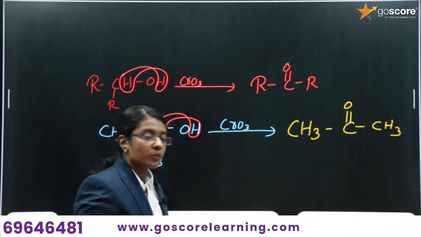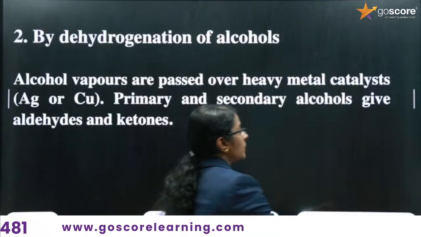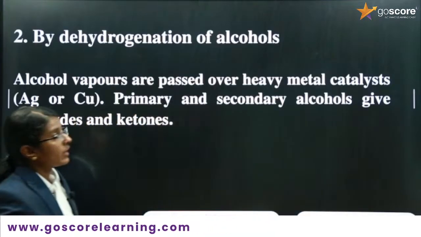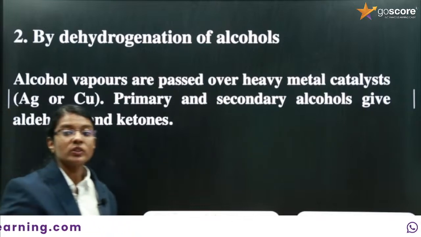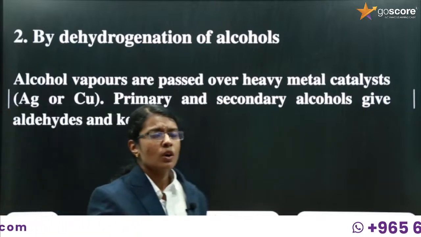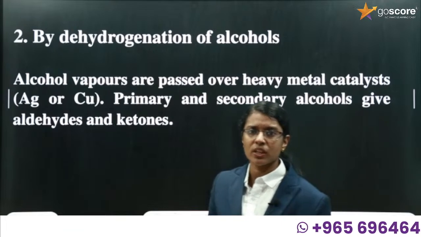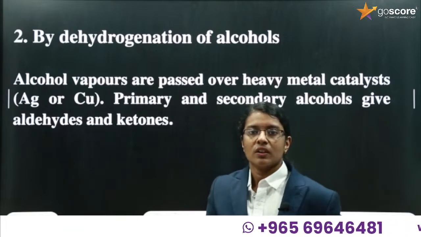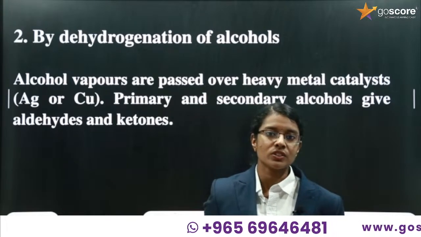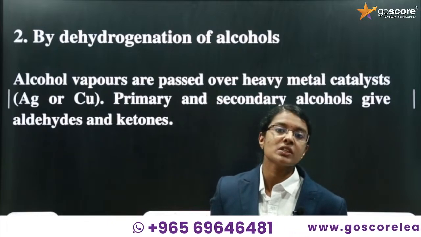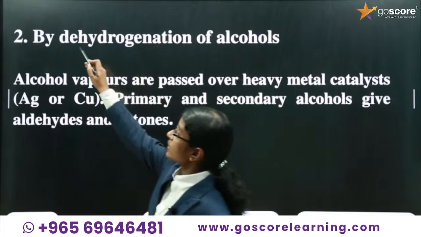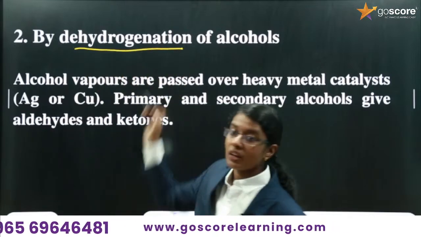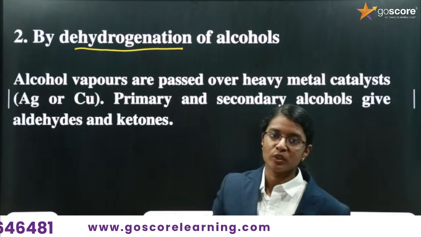So the first method of preparation, I hope it is clear for you. And the second method of preparation is by dehydrogenation of alcohol. What do you mean by dehydration? Dehydration means removing a water molecule. So dehydrogenation means hydrogen will be removed.